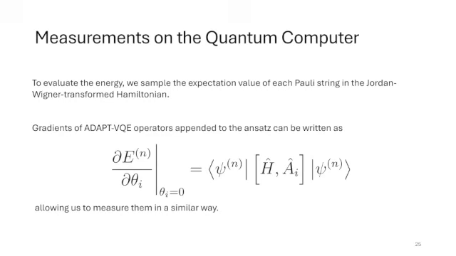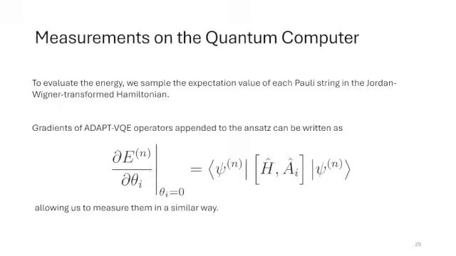But in terms of how much is actually required, it depends a lot on the precision, because the precision that we need to evaluate the energy might not be the same precision that we need to evaluate the gradients. So for example, at the start of the optimization, we actually need lower precision in the gradients because gradients are high. But as we converge toward the ground state, gradients become smaller, so we need a higher precision to measure them.